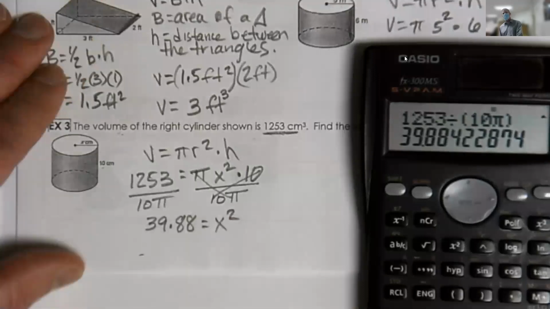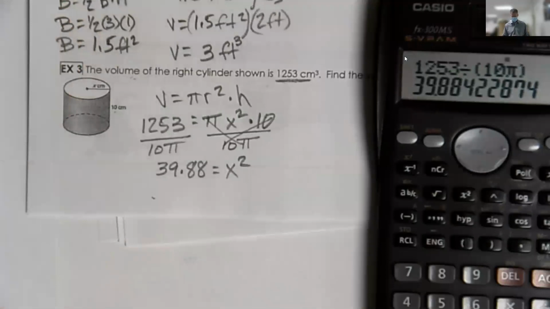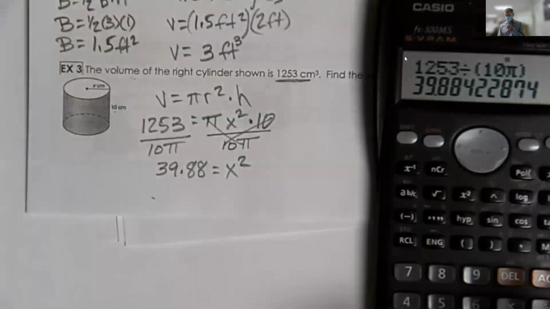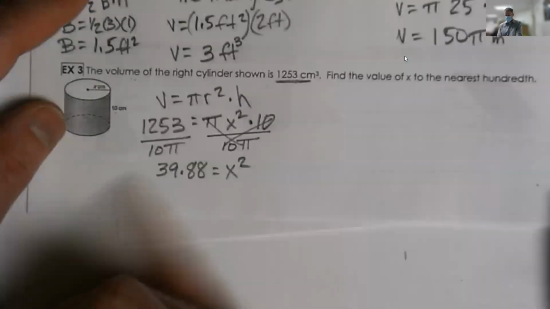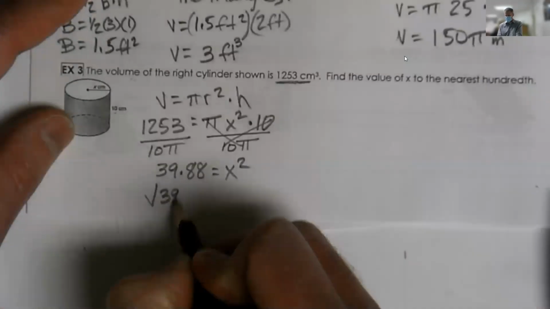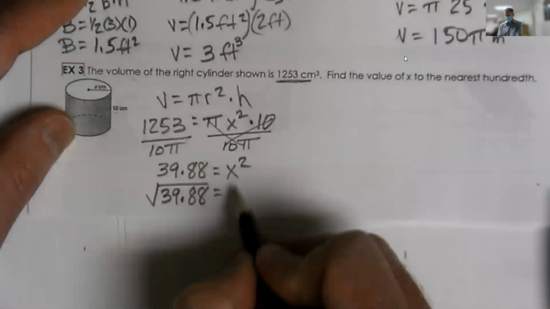So some number times itself equals 39.88. So what are we going to need to do to figure out what this radius, this x value is going to be? Take the square root. So we're going to take the square root of 39.88.